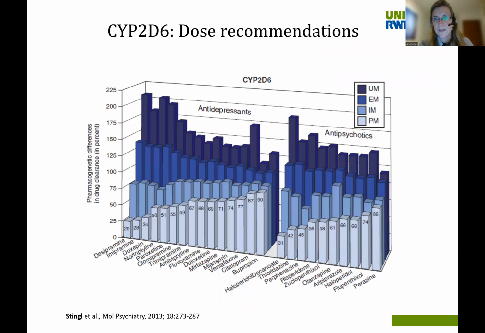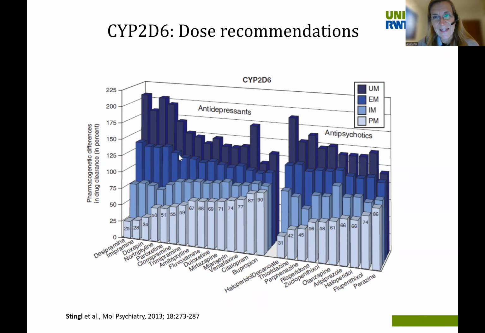For example, here I show you the enzyme CYP2D6 and its substrates, antidepressants and antipsychotic drugs. What you see in the columns here is the theoretical dose adjustment to obtain the same plasma concentration in all patients with different genotypes. PM are the poor metabolizer genotypes and UM are the ultra-rapid metabolizer genotypes. And we can adjust for the differences in clearance caused by the pharmacogenetic polymorphism by adjusting the dosages.